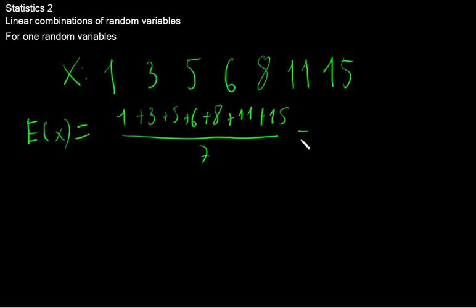That equals 49 over 7. So the mean of all these numbers is 7. So the expectation of x is 7.